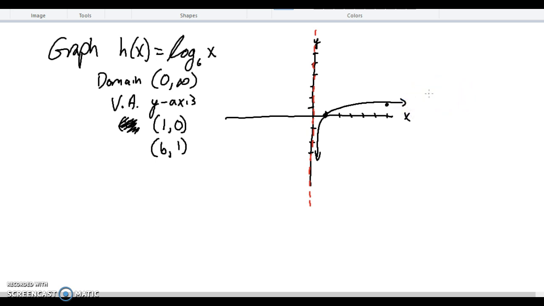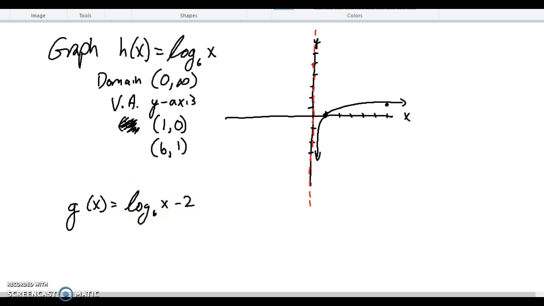And we can do any transformations we want. Just watch out. If I sketch instead g of x equals log base 6 of x minus 2, we need to be careful. Order of operations tells me I take log base 6 of x first and then subtract 2.